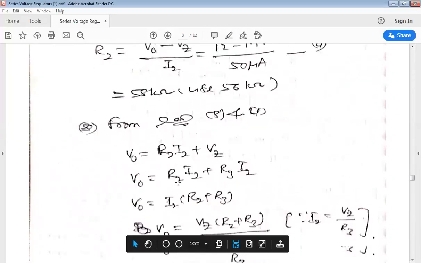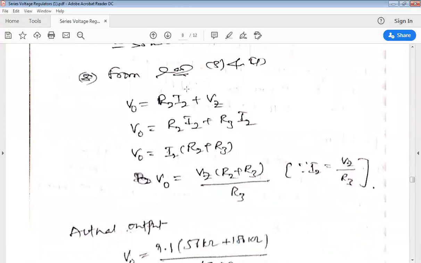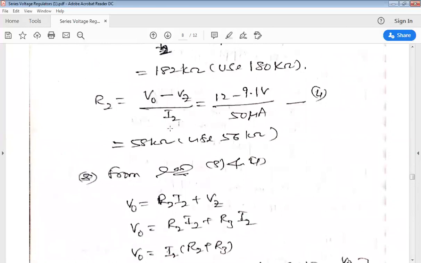V naught is equal to R2 into I2 plus Vz.